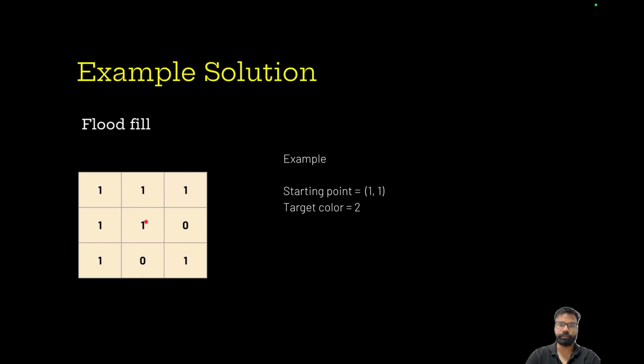For example, in the given example, we have a starting point of 1 comma 1. So this is our starting point, and the target color is 2. So we have to start DFS or BFS from here, and then we will update all the values to 2 that have the same value as this starting point. The starting point has value 1, so this also has value 1.